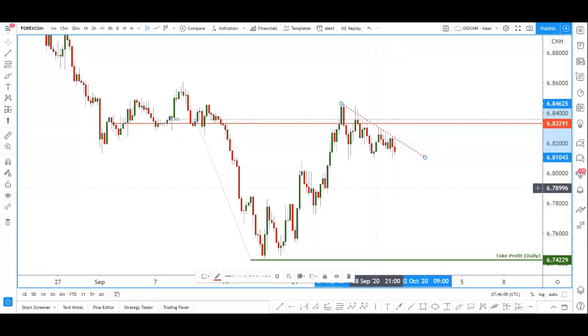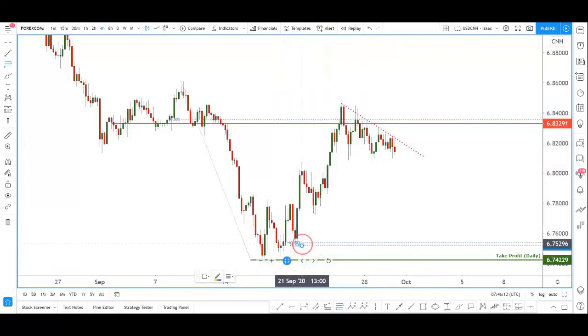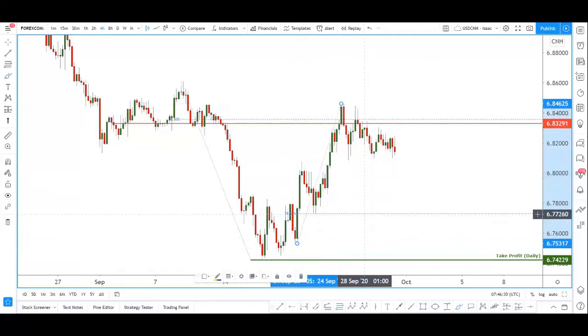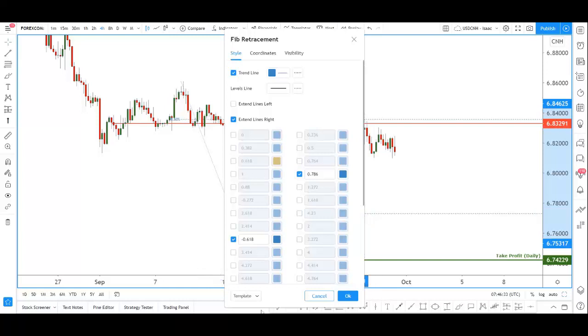Where would it make the low? Let's take the retracement of the last push up. The last push up starts from over here, because price went sideways before starting a real push up, and then it went straight up. So let's take a retracement of this movement, low to high, and open all Fibonacci ratios once more.